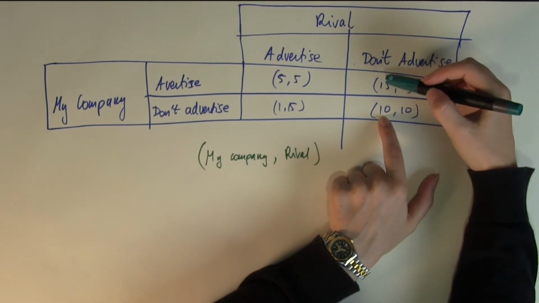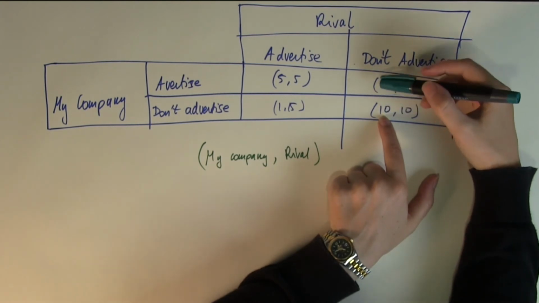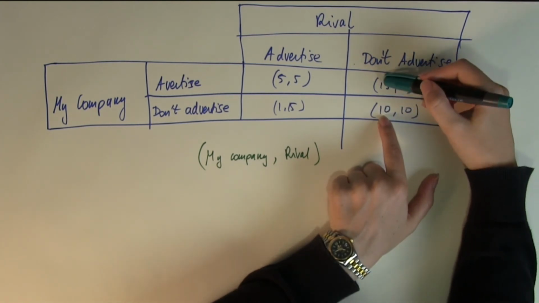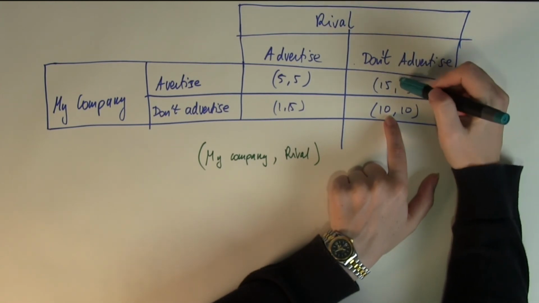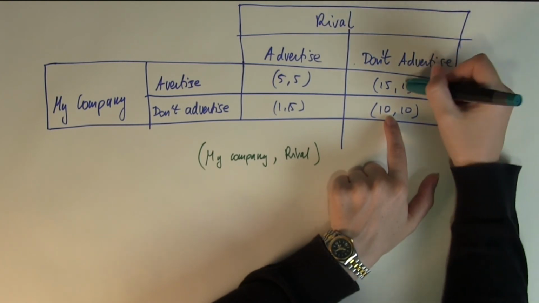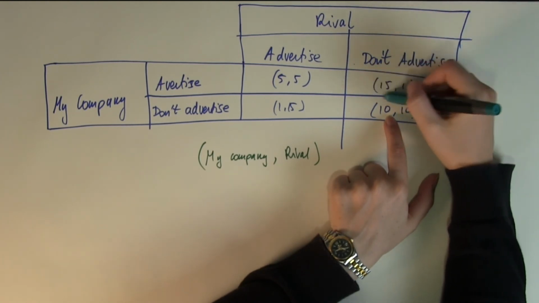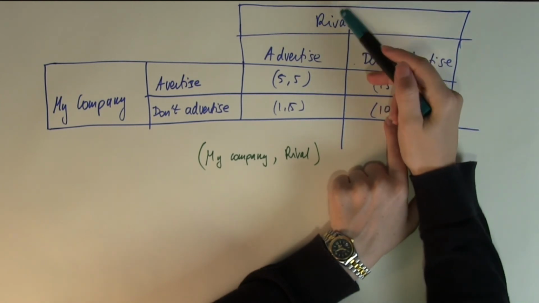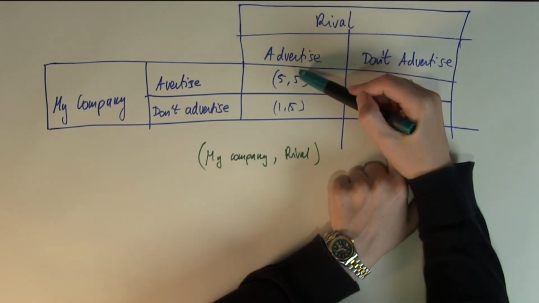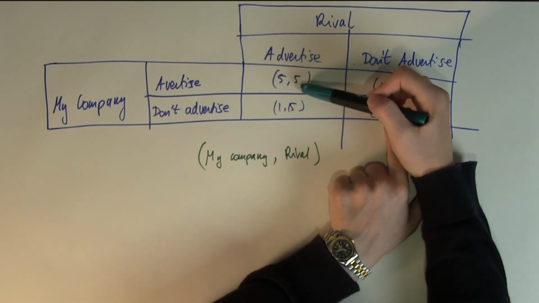But if I do advertise, I would earn 15 million. So that is a big difference. So I would definitely go for advertising. And therefore, my rival would end up with only 1 million profit. So that is not a good tactic for them to use. So for them to maximize profit, they would also go for advertising.